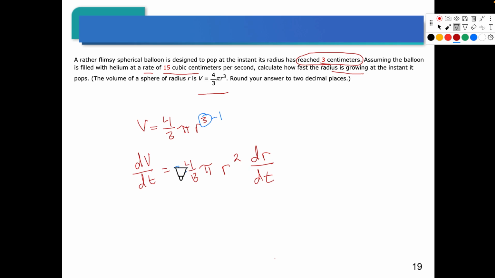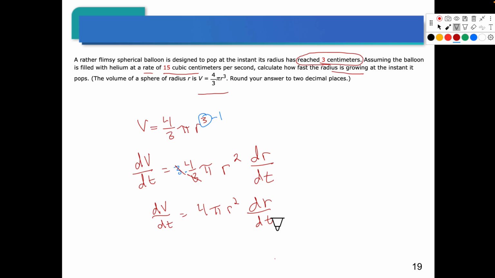Okay, we've got a 3 times 4/3, 3 and 3. 3 divided by 3 is 1, so those can cancel. So my simplified formula is just dV/dt is equal to 4 pi r squared dr/dt.